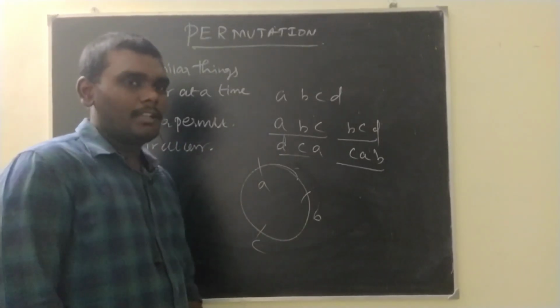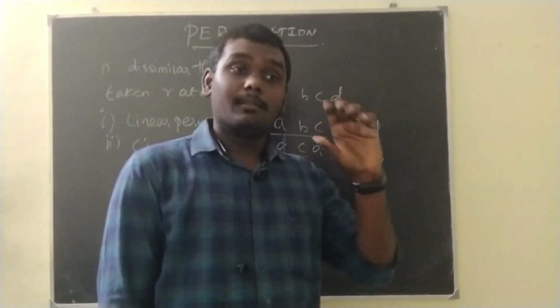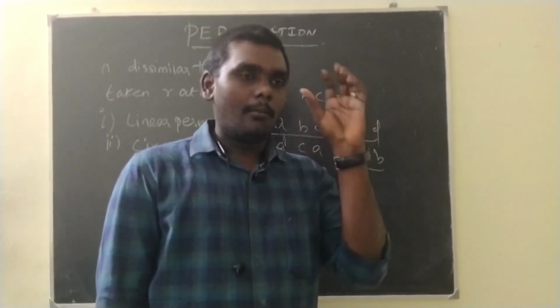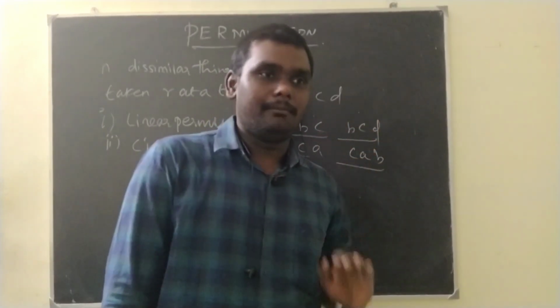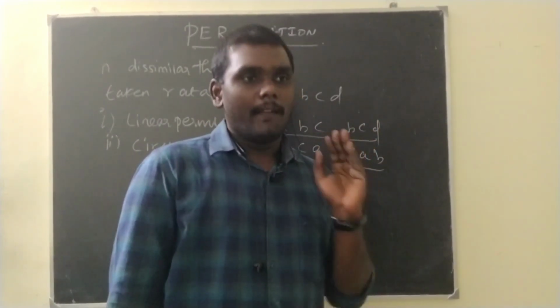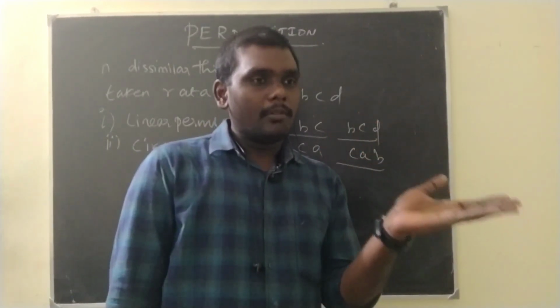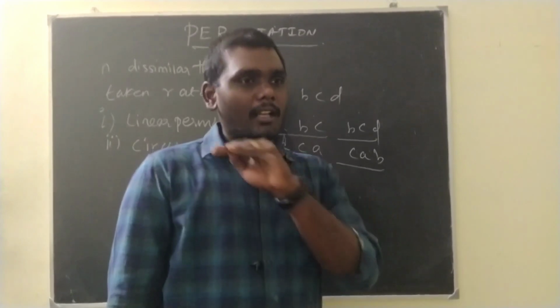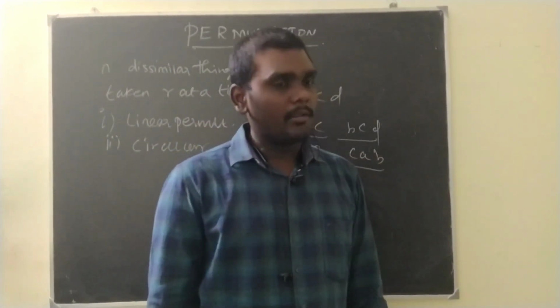That is all the initial notes. There are n dissimilar things. Among the n dissimilar things, we are arranging only r things at a time. Permutation means it's an arrangement. If you are arranging those elements in a line, it is called linear permutation.